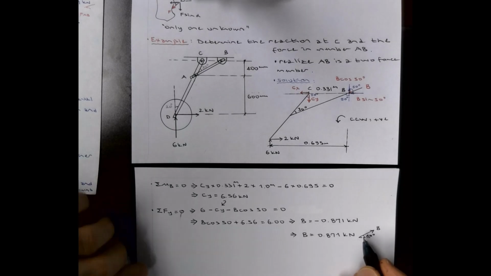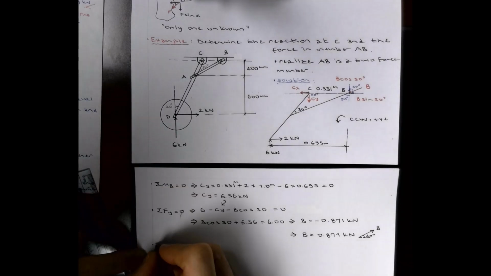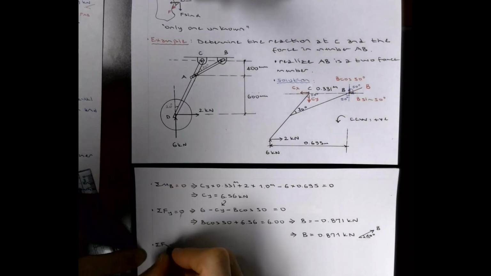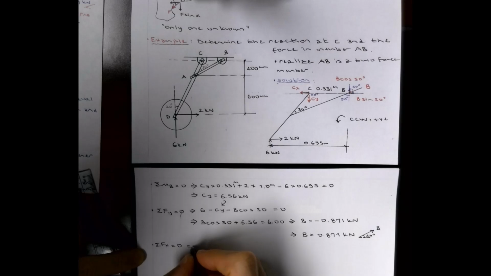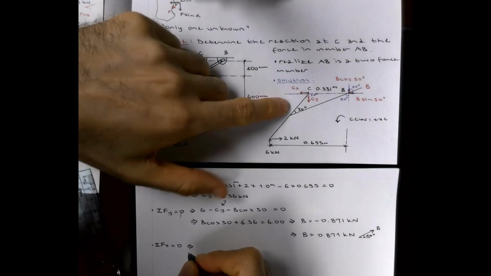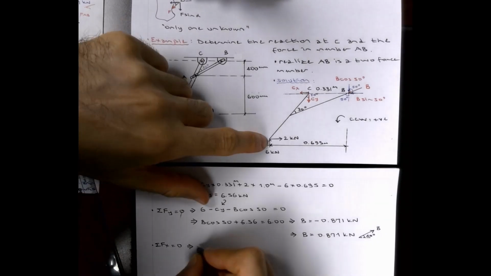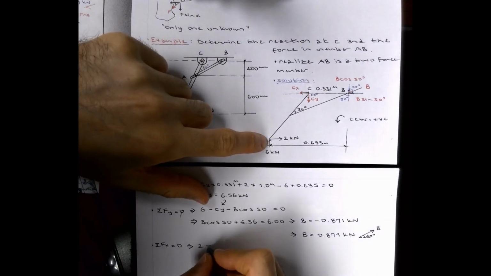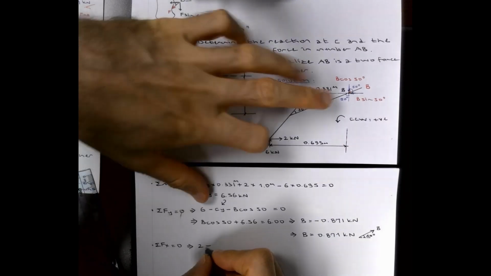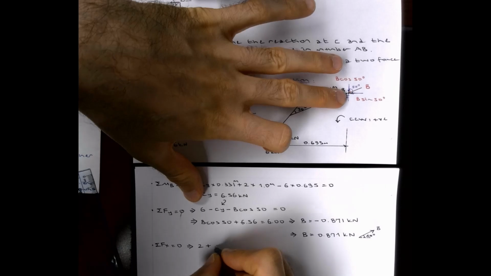So the only thing which is remaining, no escape from that, we are going to do Fx equal to 0. So what's going on with Fx? We are going to get that Cx. So in Fx, 2 positive, anything else positive. If we invert this, this is going to be positive.